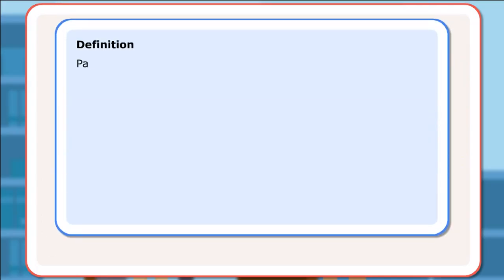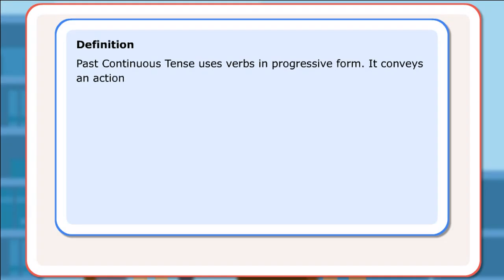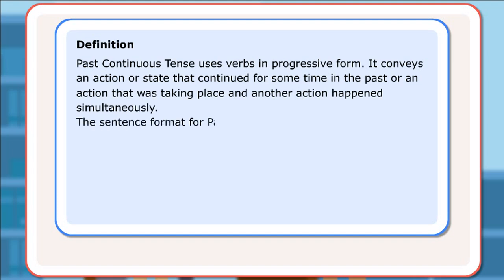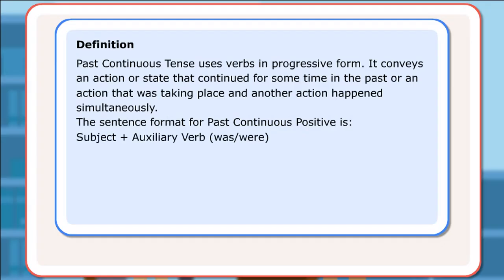Definition. Past continuous tense uses verbs in progressive form. It conveys an action or state that continued for some time in the past, or an action that was taking place and another action happened simultaneously. The sentence format for past continuous positive is subject plus auxiliary verb, was or were, plus root form of verb, plus ing, plus object.